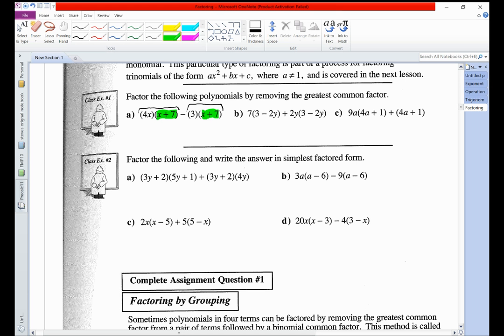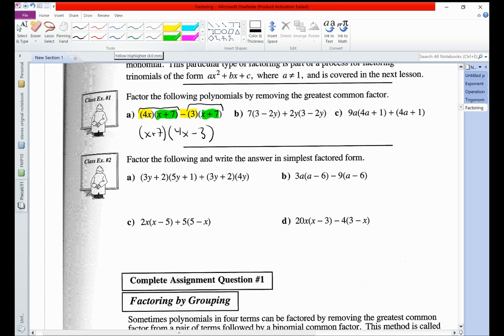So what I can do is remove x plus 7, and what I'm left with in the first term is 4x, and in the second term, negative 3. And you can see that here. 4x minus 3 is what's left over when I remove x plus 7. Let's try the next one. 7 multiplied by 3 minus 2y plus 2y multiplied by 3 minus 2y.